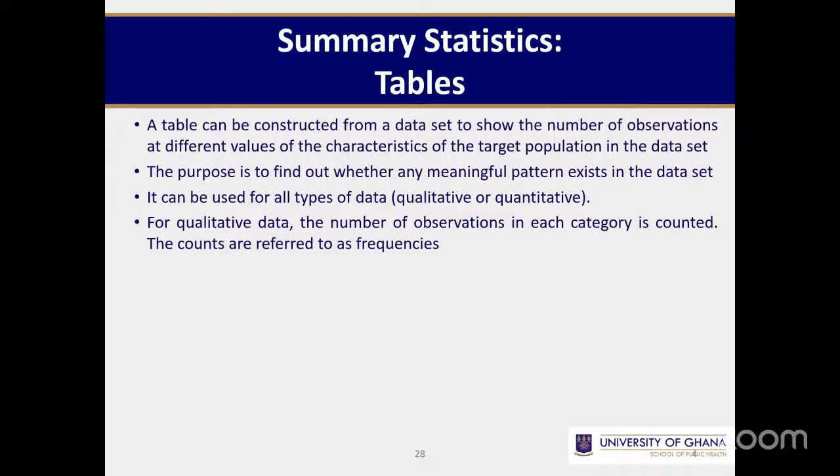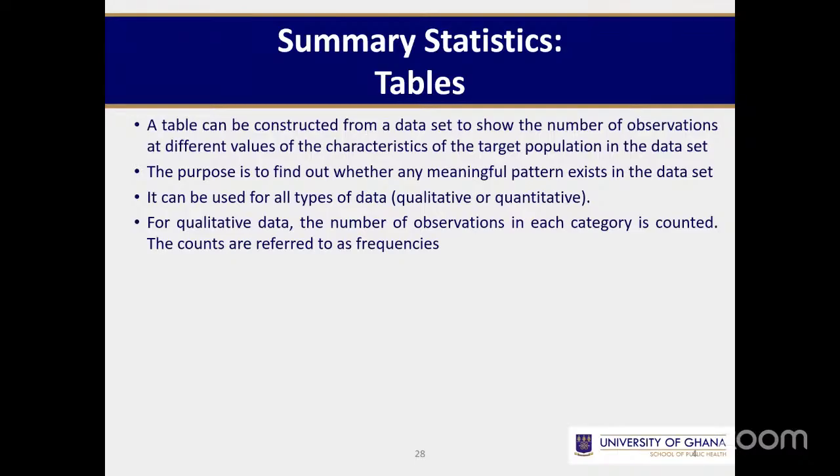When I say different values, I'm referring to the attributes of a characteristic. And why do we show tables? Importantly, we just want to see whether there's any meaningful pattern that exists in the data set, be it qualitative data or quantitative data.